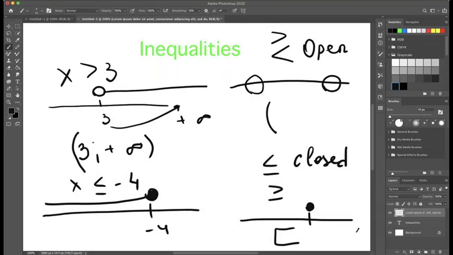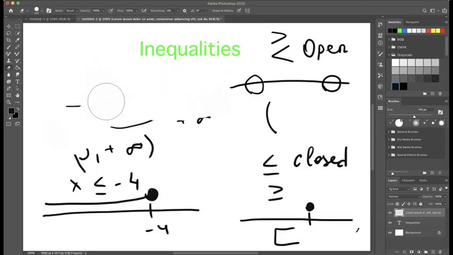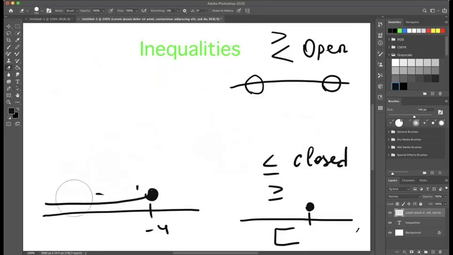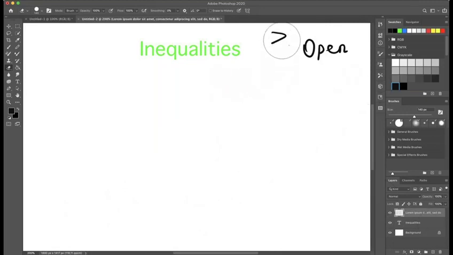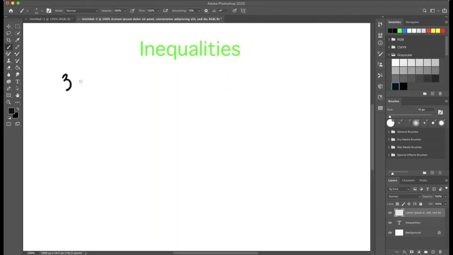Now let's solve simple inequalities. For example, 3x plus 4 less than 10.